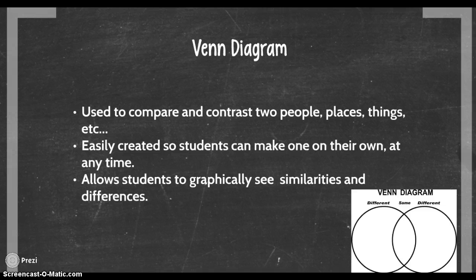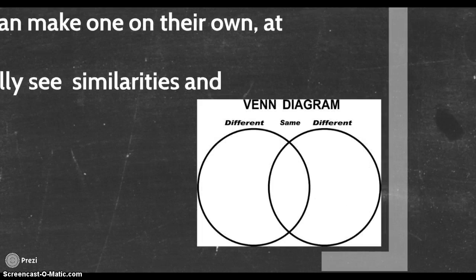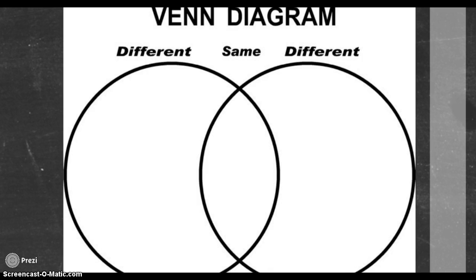It's very easy for them to use, that they can use with stories or when they're learning about different things that they can compare and contrast. It allows them to visually see the similarities and differences between those 2 things, which is really helpful for them. And that's just a zoomed in view of a basic Venn diagram.